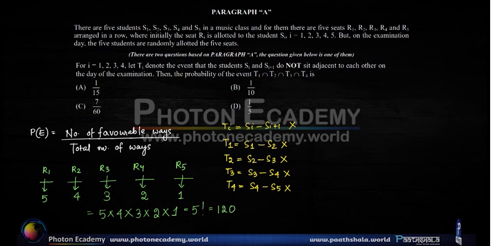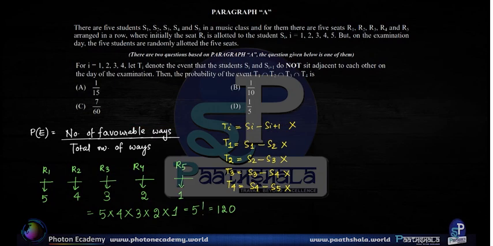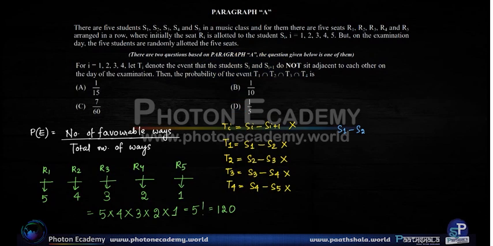We have to find the probability of the event T1 intersection T2 intersection T3 intersection T4. Means we have to find a situation where S1, S2 are not sitting together and S2, S3 not sitting together.